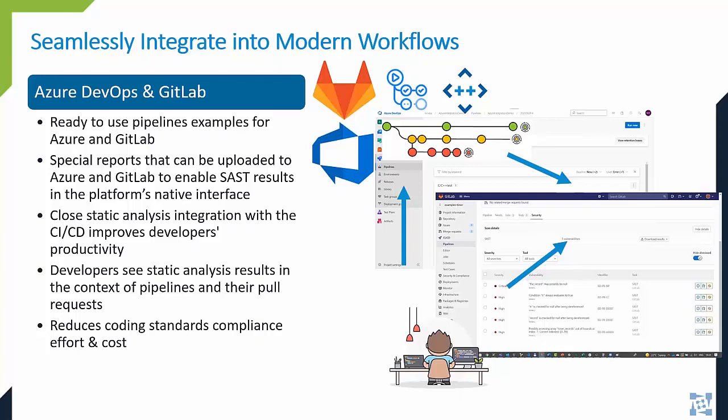So we now have Azure and GitLab extensions for the purpose of performing static analysis. Therefore, a C++ test dedicated Azure DevOps extension task is available in the Azure Marketplace. And this also includes the extension for the Static Analysis Results Interchange Format, SARIF, which enables publishing static analysis results in the Azure DevOps user interface.